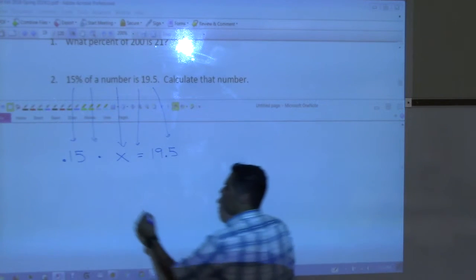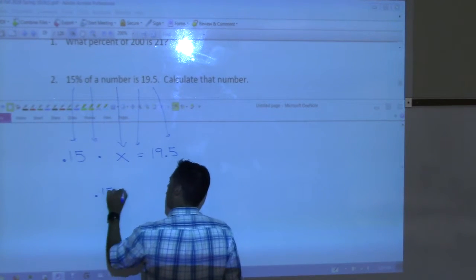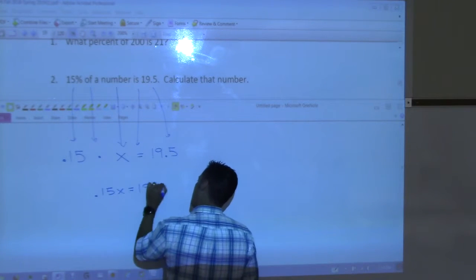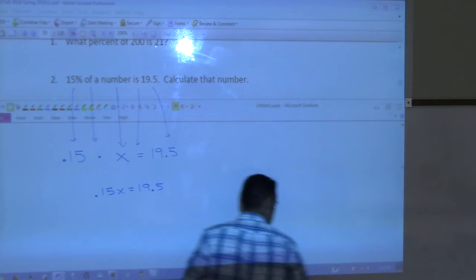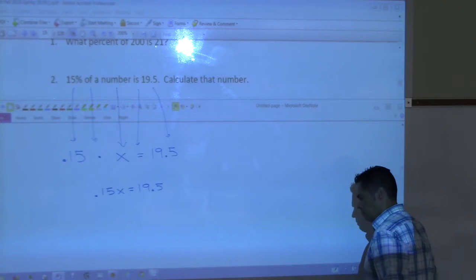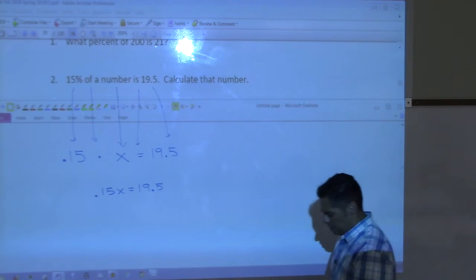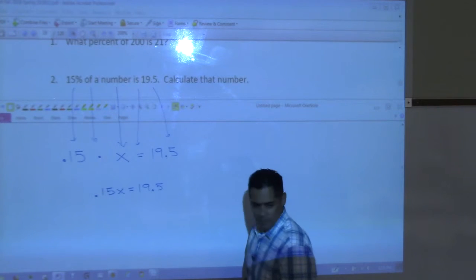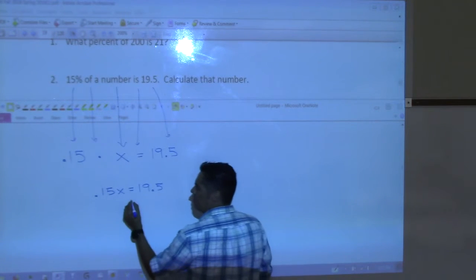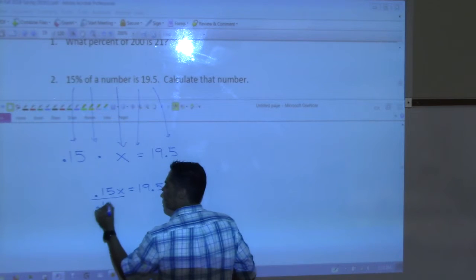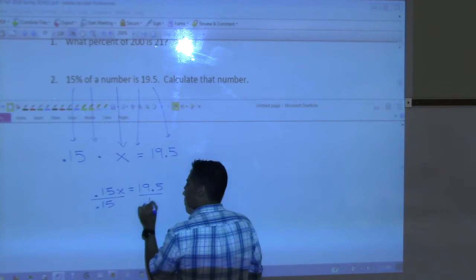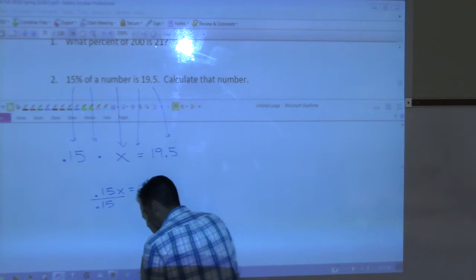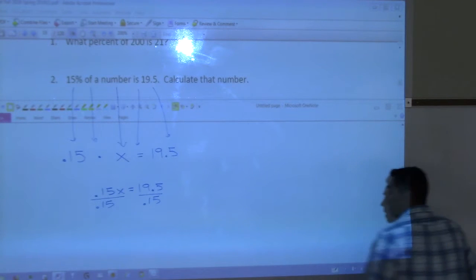So we have 0.15 x equals 19.5. Brianna, do you feel like you participated there? Yeah. You just divide both sides by 0.15. And at that point, you just get your calculator out.